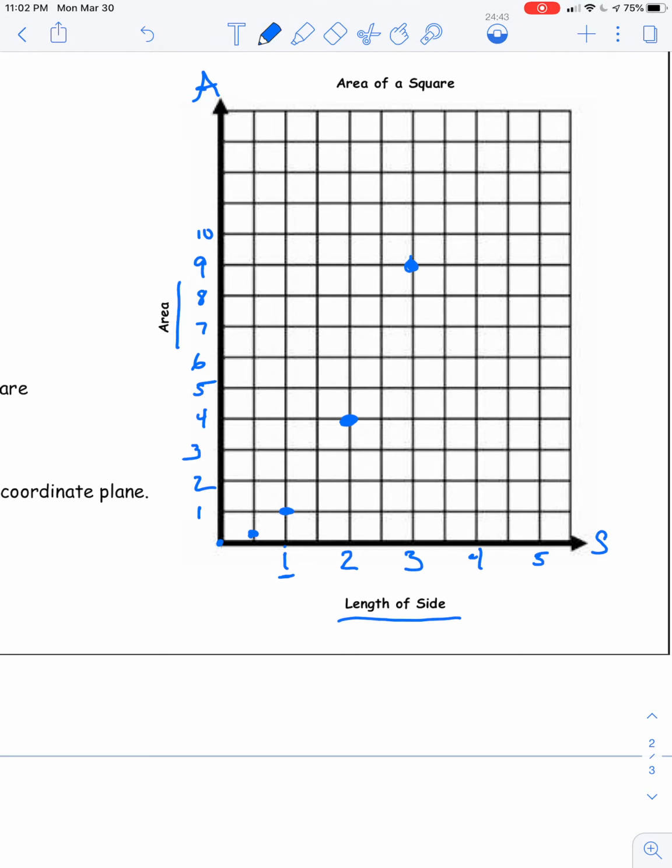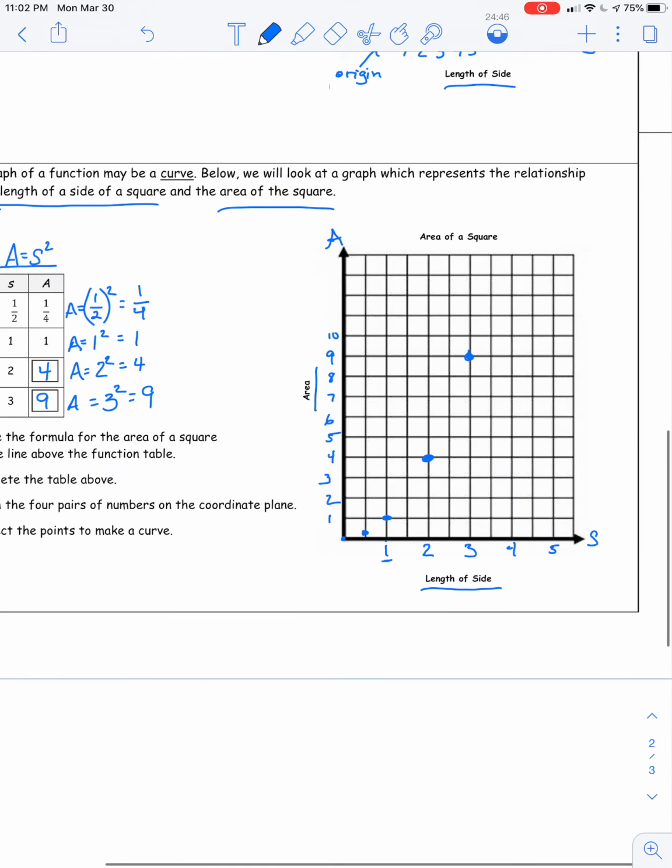Okay, now this is a little bit trickier for me to graph. It's not a straight line. You're not going to need to use your ruler here. You're going to start down here at the point of origin, 0, 0, and you're going to take your pencil and you're going to connect your dots. But you can see what's happening here.